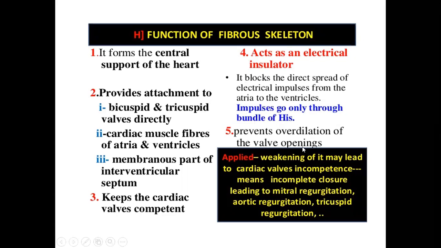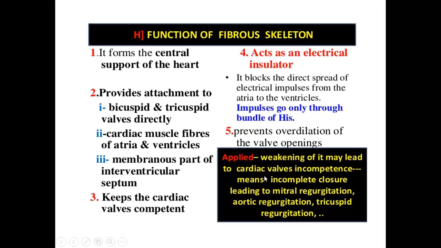Very important clinically, because there are conditions where the fibrous skeleton of the heart is damaged and it leads to weakening. Okay, applied anatomy: weakening of it may lead to cardiac valve incompetence. So if the fibrous skeleton is damaged, then it leads to cardiac valve incompetence.